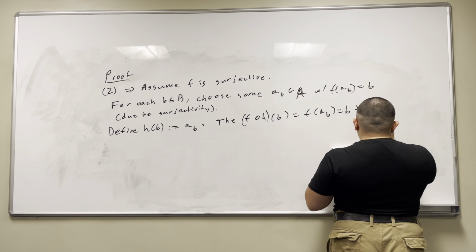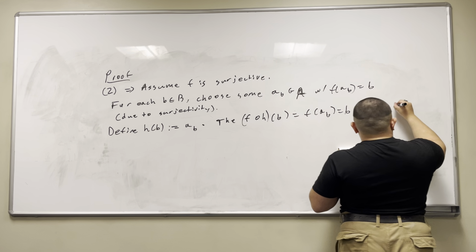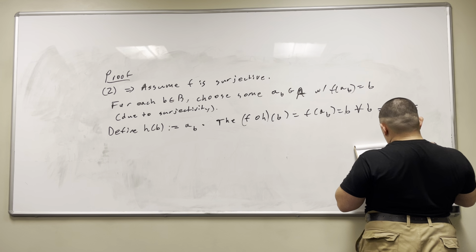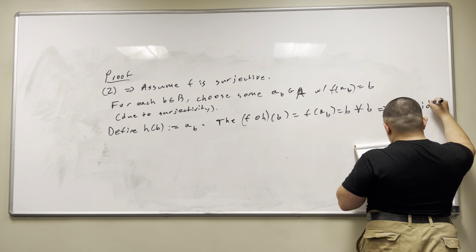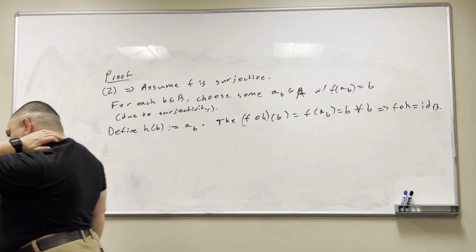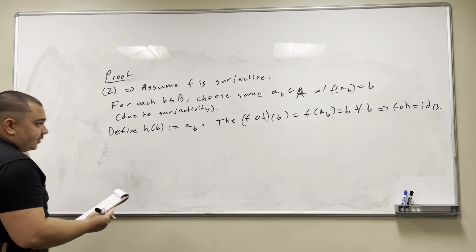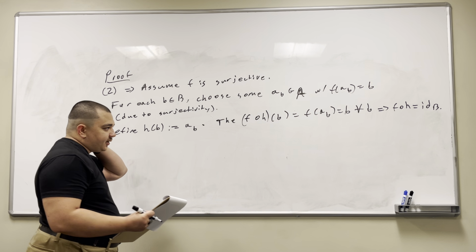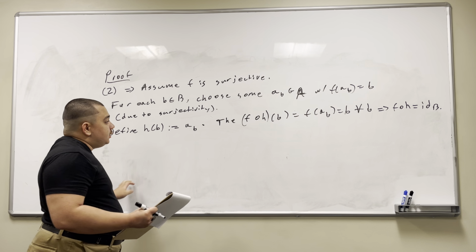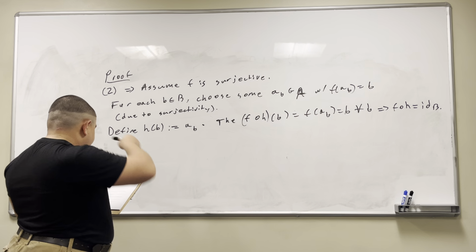And so f composed with h gives us the identity of B. I guess I could just say f composition h. I don't have to say the whole longer thing. Yes, okay.